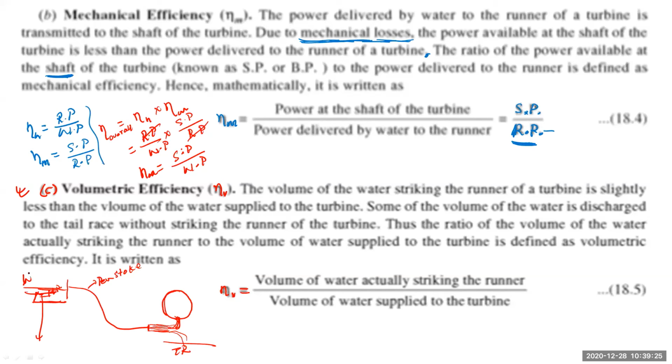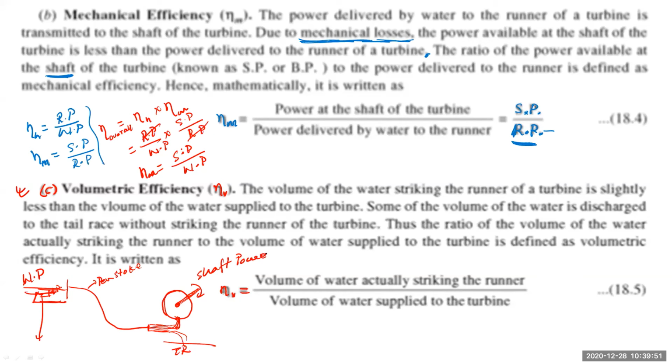At the outlet side, this shaft will be connected to your generator. So what energy are we getting at the output? At the output we get shaft power. In between we have the passage through which water has to travel for different energy conversions.